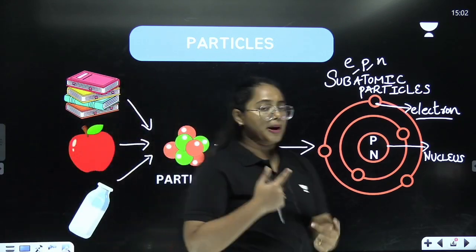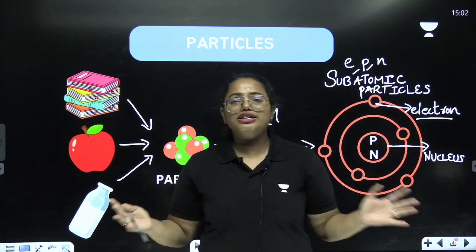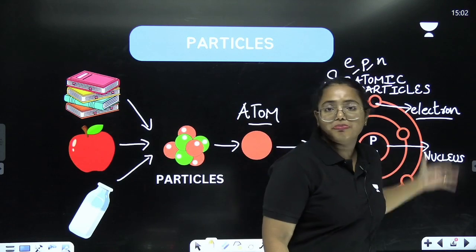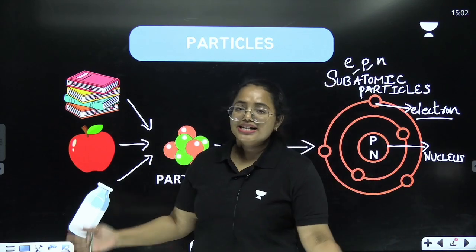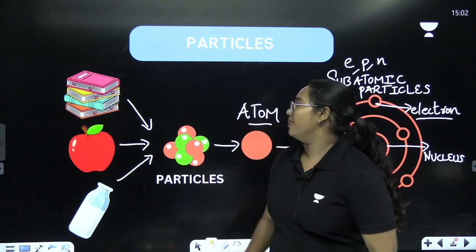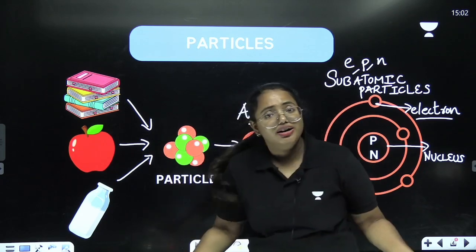When you want to talk about particles, it's very important to point out matter. What is meant by matter? Any object that has mass and can occupy space can be called matter. Let's take some examples here: a book, an apple, a bottle of water.